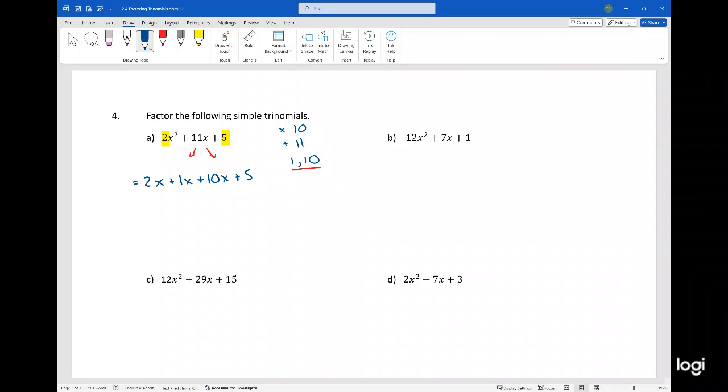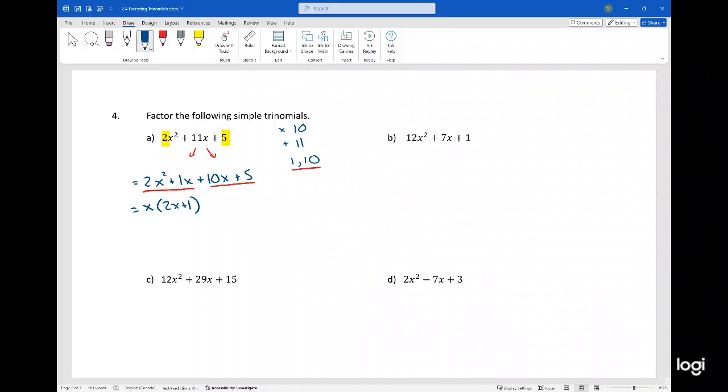Then what we do is something called partial factoring, where we're going to take the first two terms and common factor them, and the second two terms and common factor them, but we're not trying to common factor all four terms at once. So here, 2x and 1x, this should be a 2x squared. My mistake. 2x squared and 1x, all I can factor out of that is x, and I'm left with 2x plus 1.